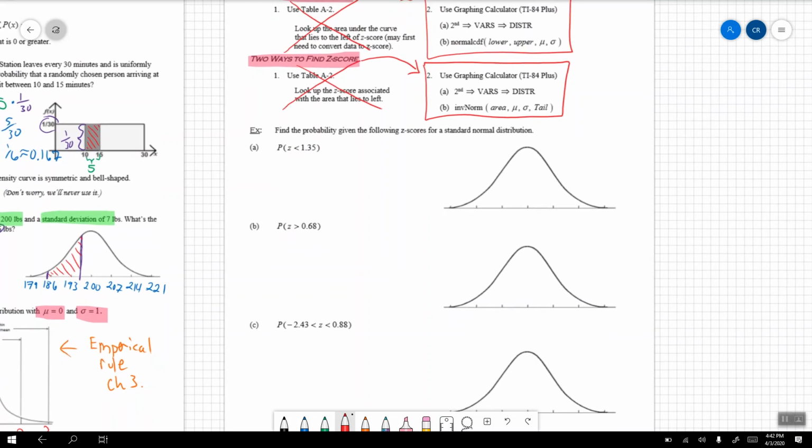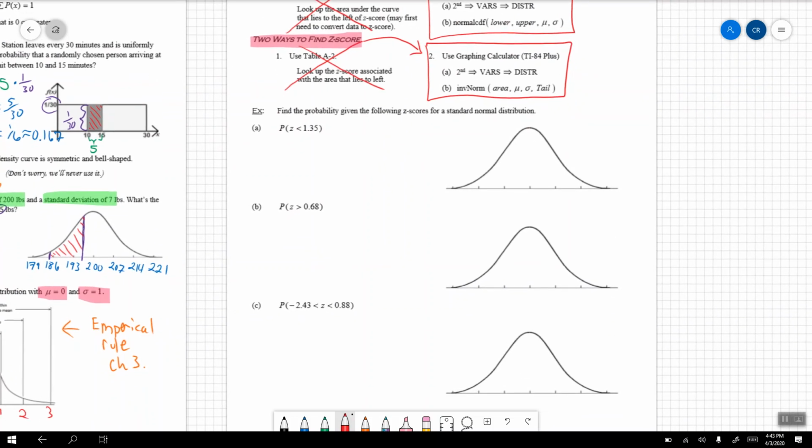So for the first question, part A, we have here that we want to find the probability given the following z-scores for a standard normal distribution. So really quickly, I'm going to identify what they're asking me. They're asking me to find the z-scores, and then they're telling me we have a standard normal distribution.